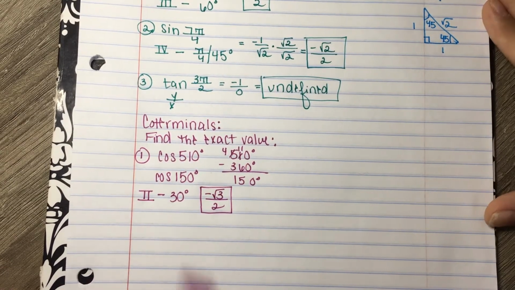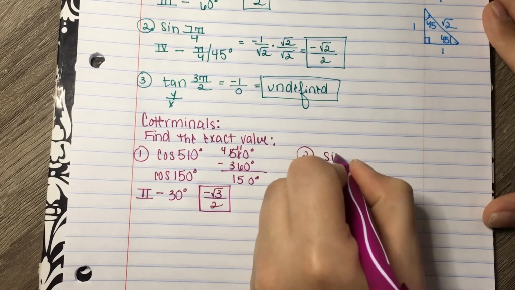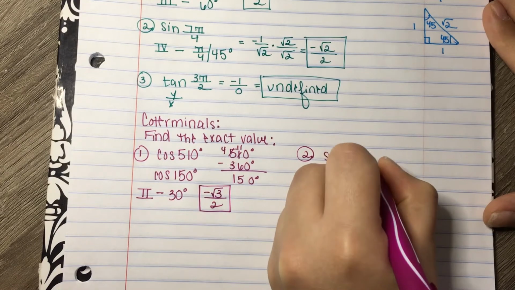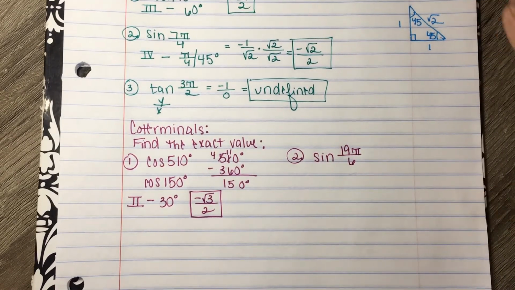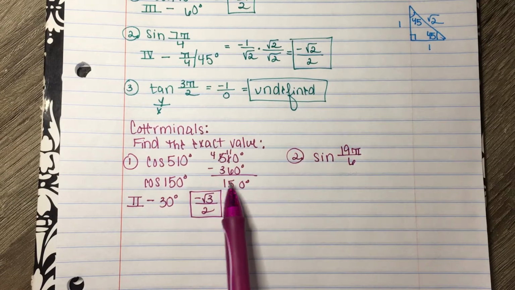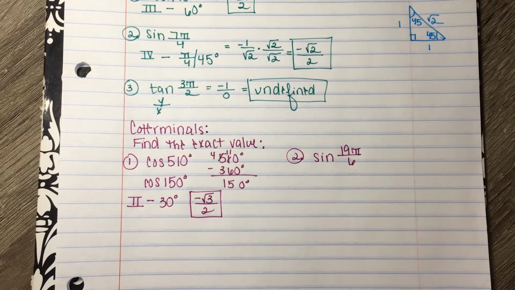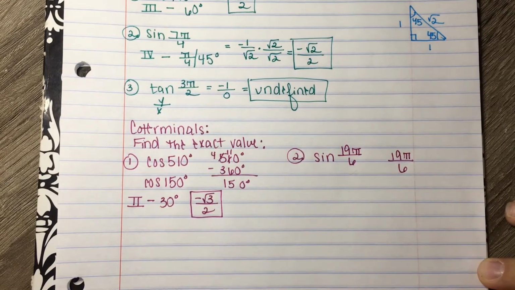All right, we're going to take a look at number 2, finding the exact value. We have sine of 19 pi over 6. Here's another example of a coterminal. We're past that one revolution of 2 pi. So just like over here where we subtracted 360, we're going to have to subtract a revolution from the angle 19 pi over 6. But now we're working with radians.